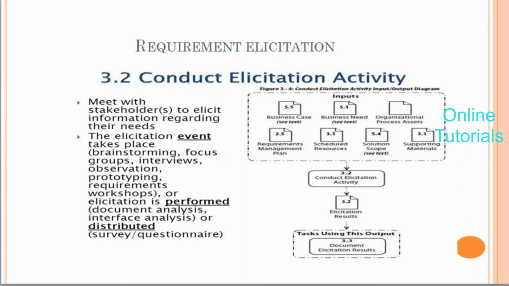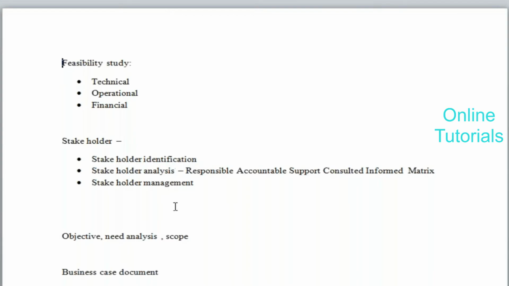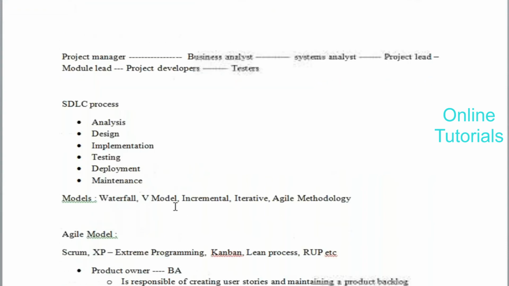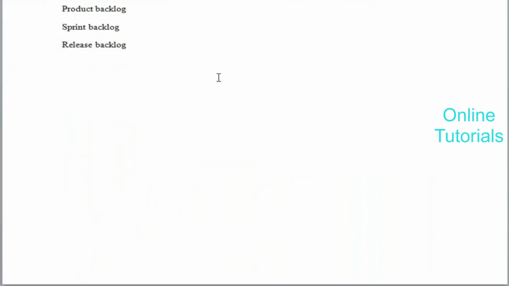This is what the major part of requirement elicitation is all about. Apart from brainstorming and all that, we have one more which we call JAD session. This is one of the important points of requirement elicitation.